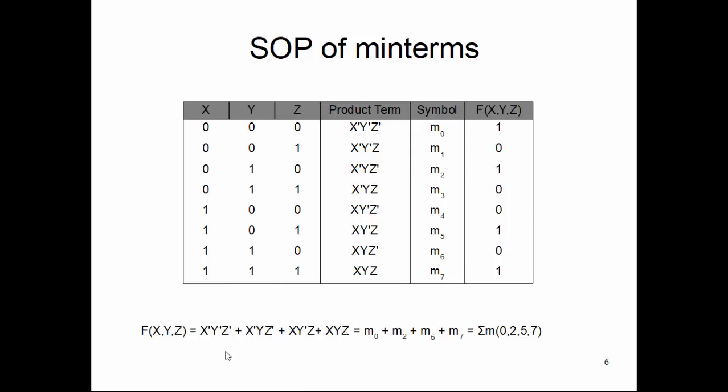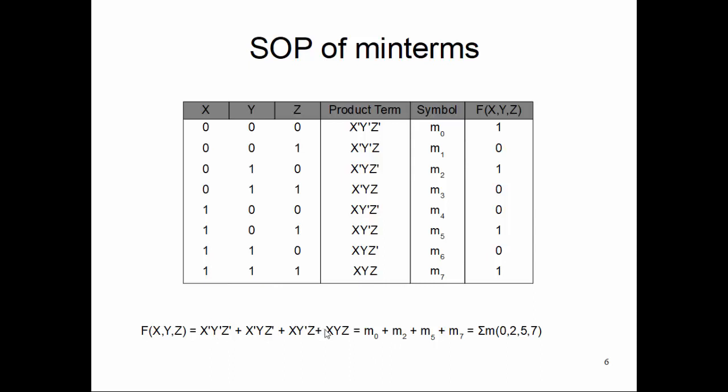Now we can further make this function compact. If you recall, by definition, these product terms are the minterms, isn't it? A minterm, by definition, includes all the variables of the function exactly once, either in complemented or uncomplemented form. So these product terms are really minterms for us, and this is one way of writing it.